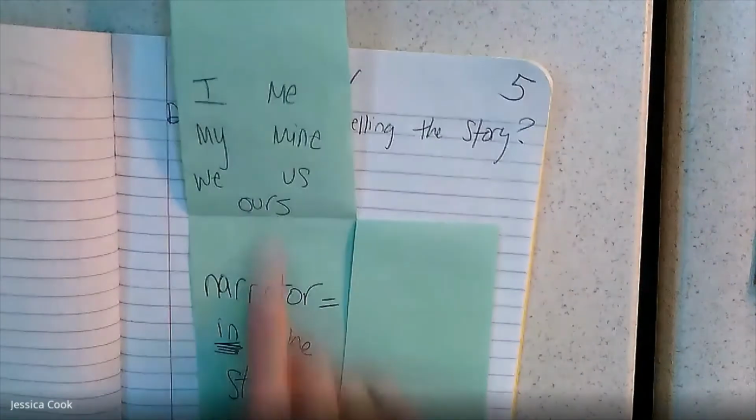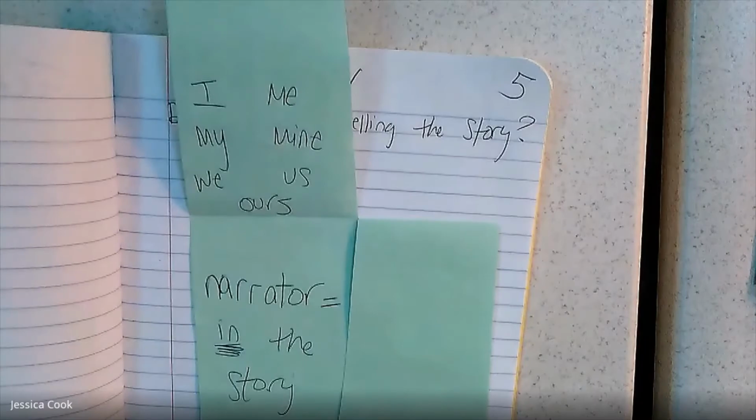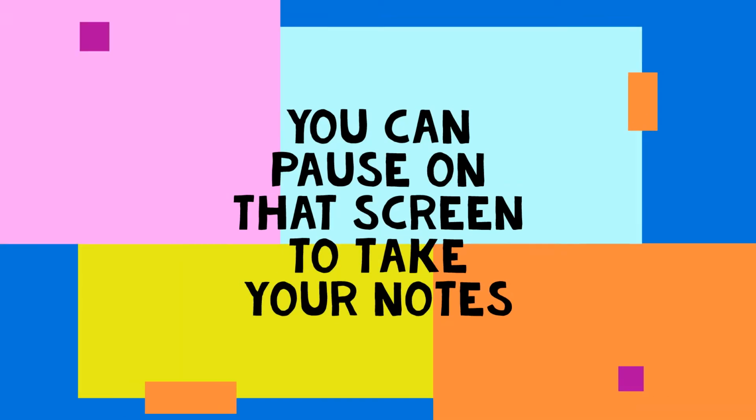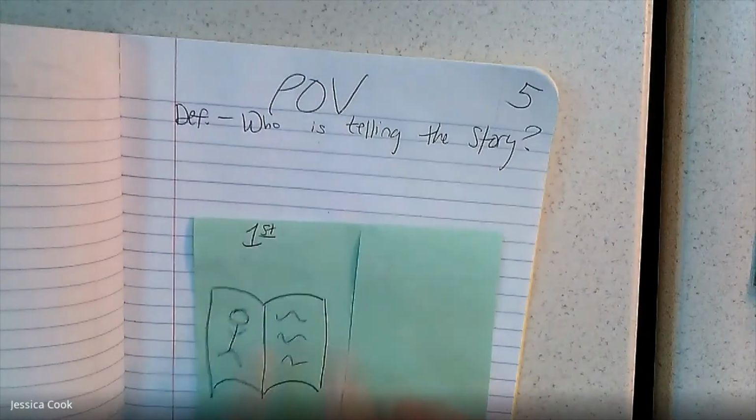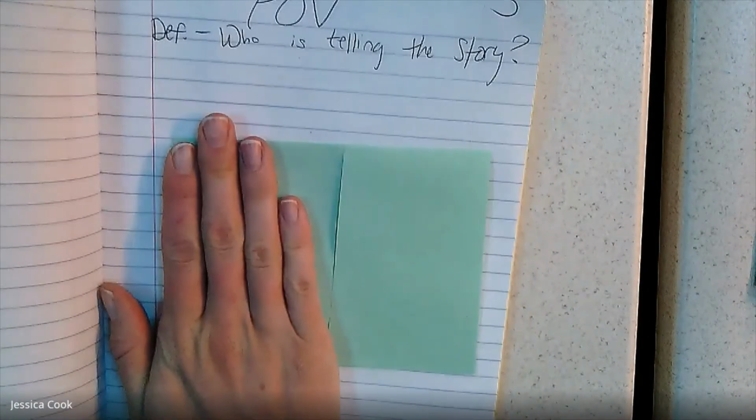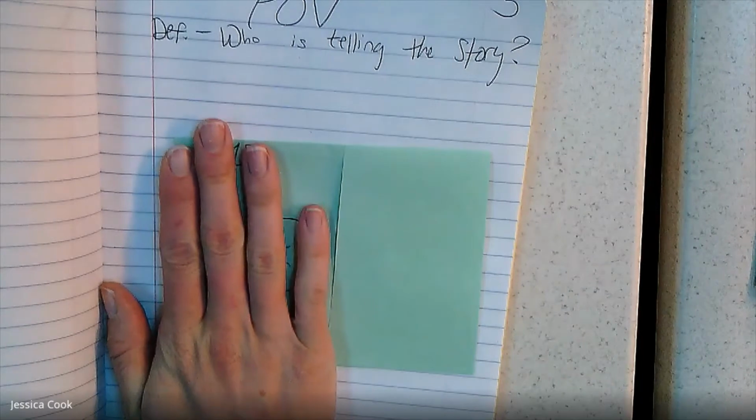Top flap, keywords. Bottom flap, definition. Make your book look like mine. That is first person. They're in the story. Well, you'll get to practice that in your video in a minute. So if it's not totally clear, it's okay.